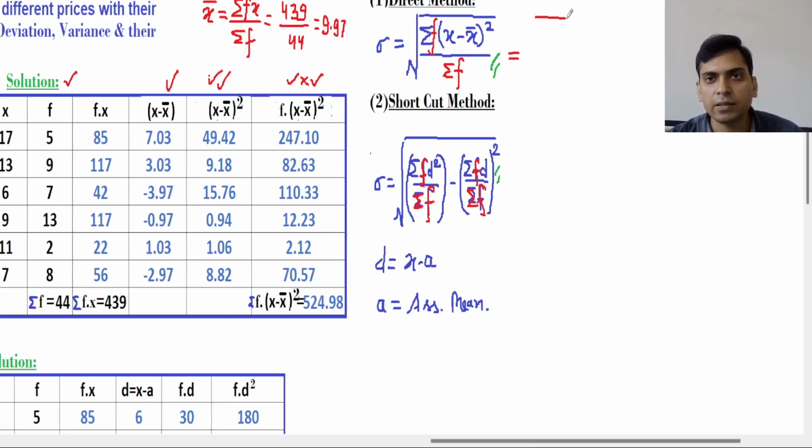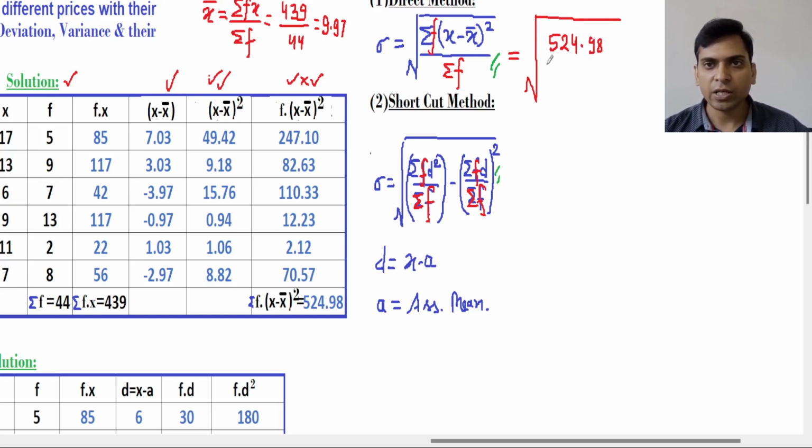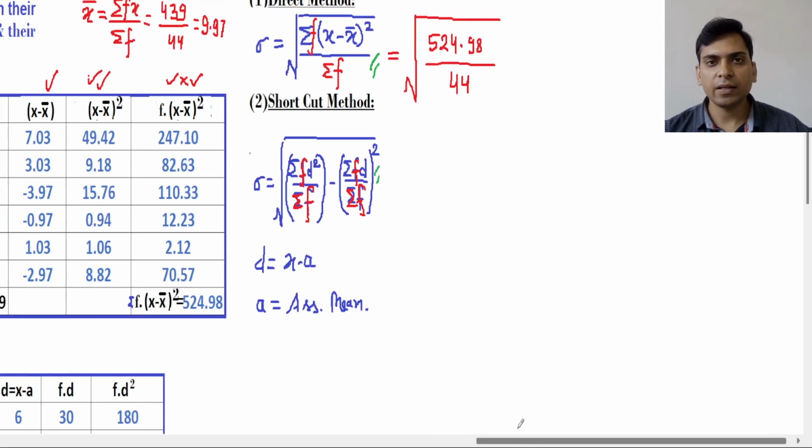You will see the square root, and this summation is 524.98, divided by 44. So you will see the standard deviation, which is 3.45.